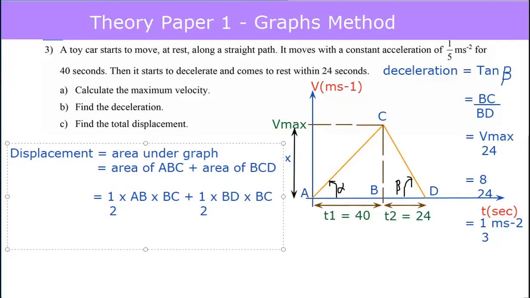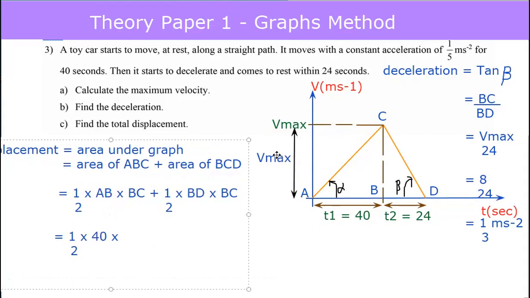Have you found the displacement? Lamai, have you found the displacement? Yeah, some student had sent me the answers. Let me check. Half into AB is 40 into BC. What is BC, dear?